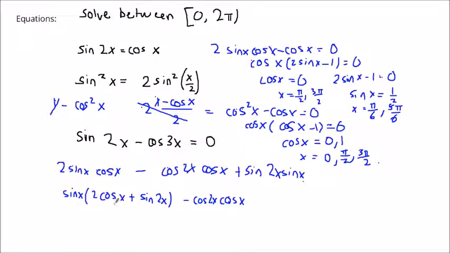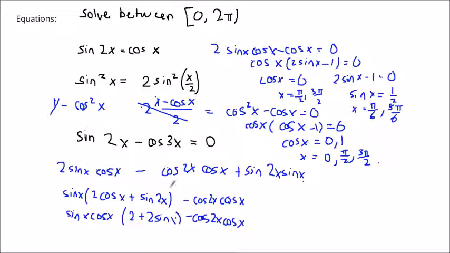If we open this up, we'll have sine x cosine x, and then this is 2 sine x cosine x, so it'll be 2 plus 2 sine x, and then minus cosine 2x cosine x.